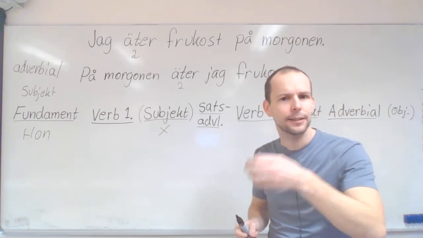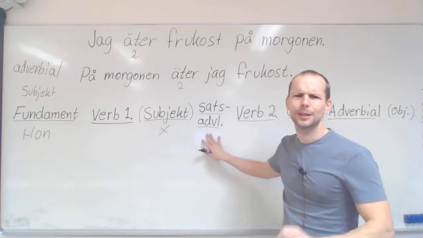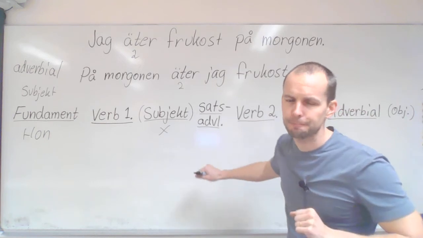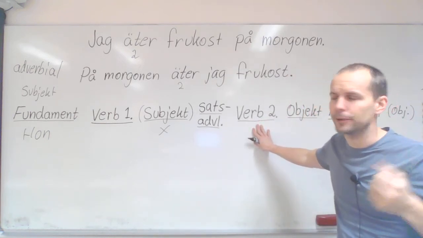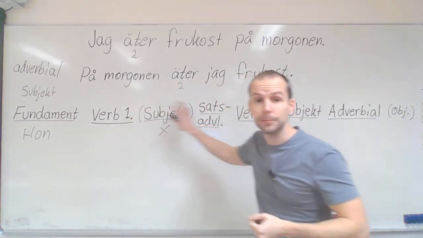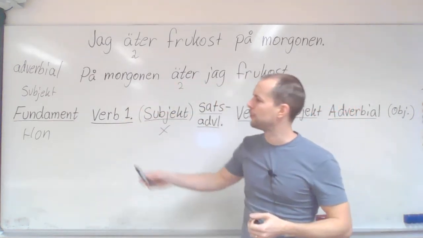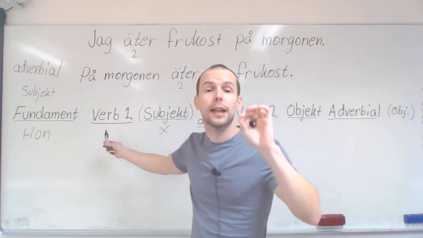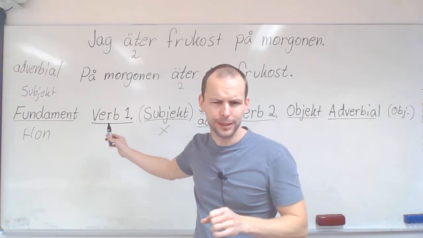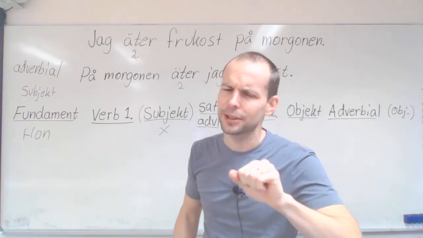Alltid, aldrig. Always, never, also here. So it's particular words. Then we have the second verb, because we can use two verbs in the same sentence. Only if we use something called help verbs in this place. But they are the same as in English.